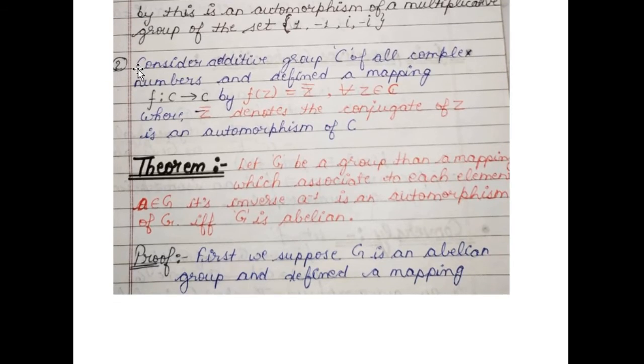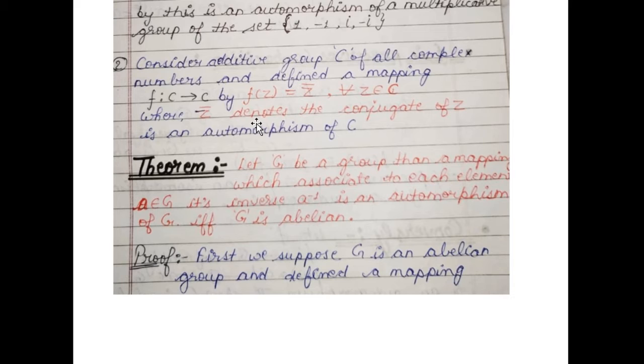One more example: you know the set of all complex numbers forms an additive group. So we define a mapping F from C to C, where C is the set of all complex numbers, defined by F(z) is equal to z bar, where z belongs to the complex numbers and z bar is the complex conjugate of z.